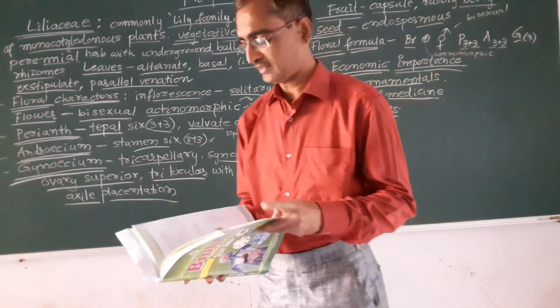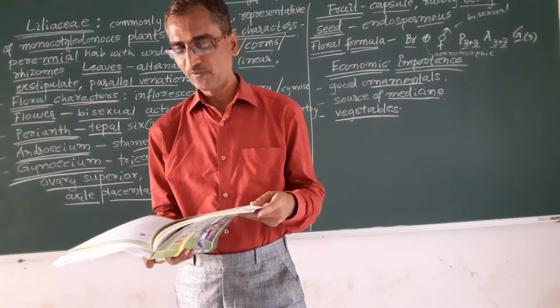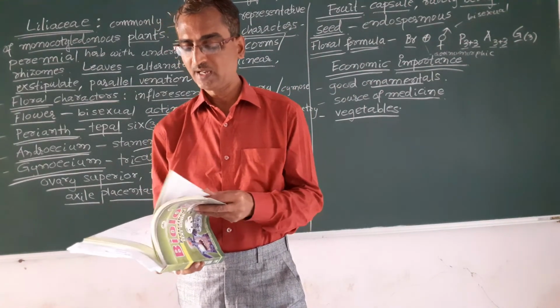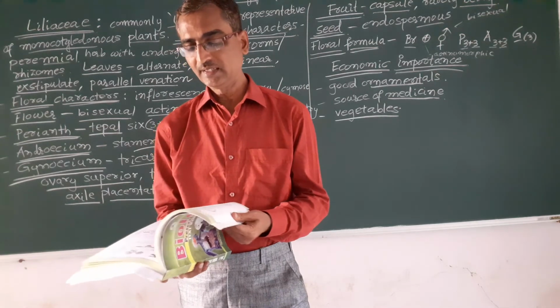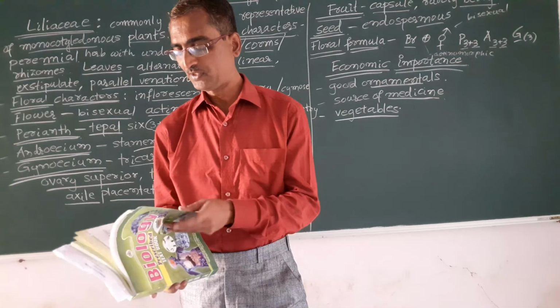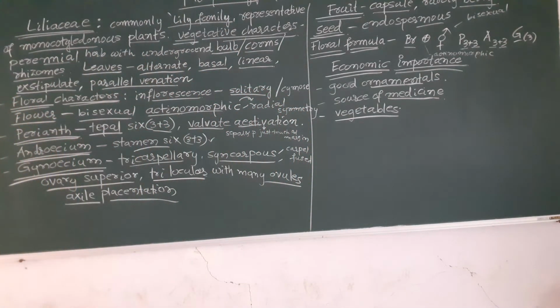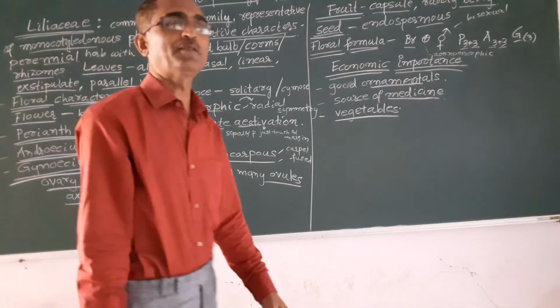In the next chapter, the 6th chapter, we will learn about the anatomy of flowering plants. In this chapter we learned about the morphology of flowering plants.